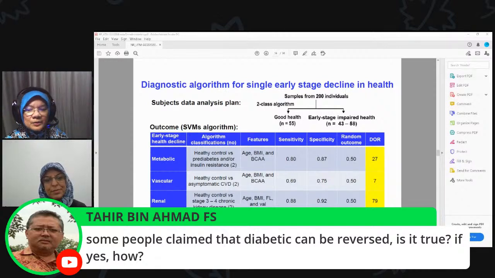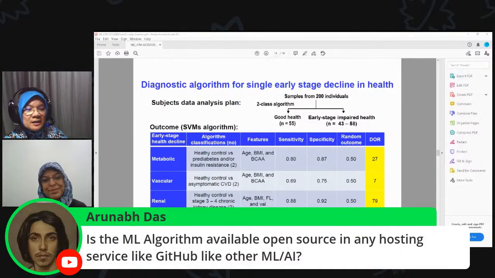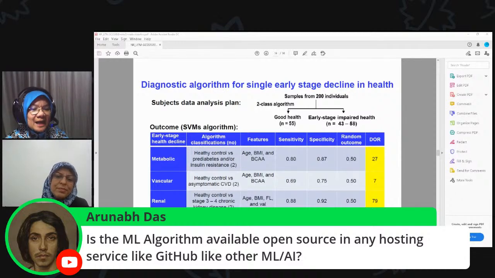All right, wow. Now we receive a question from Arun. Is the ML algorithm, machine learning algorithm, available open source in any hosting service like GitHub?